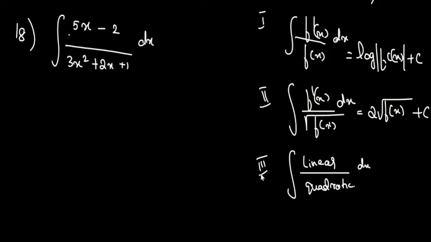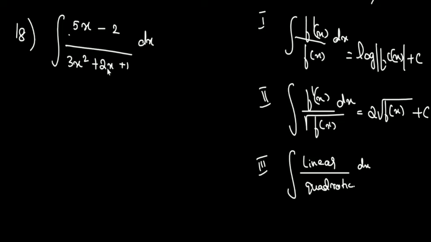See, listen, when you differentiate 3x square, you have 6x, but you have only 5x. So the constant is different. For 2x, the differentiation is plus 2, but you have minus 2.